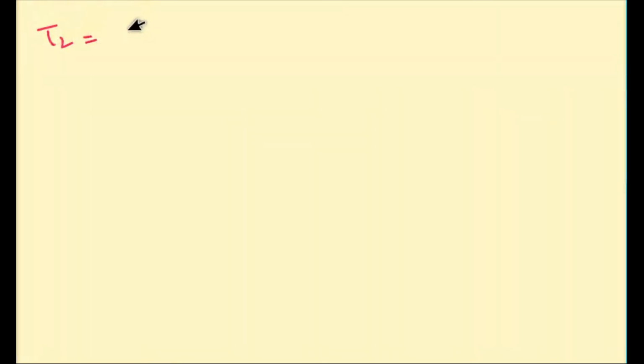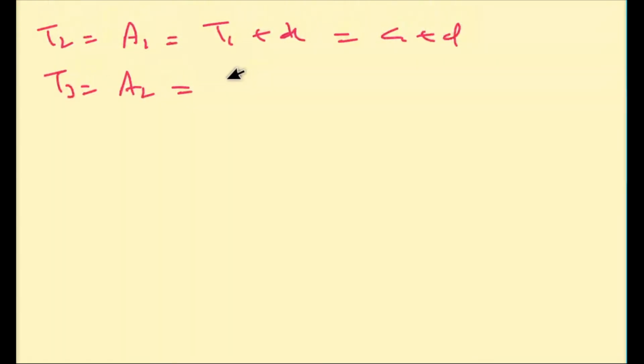So T2 is A1, that is T1 plus d, that is A plus d. T3 is A2, that is A1 plus d, that is A plus 2d.